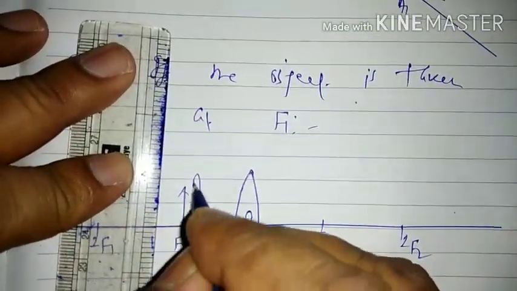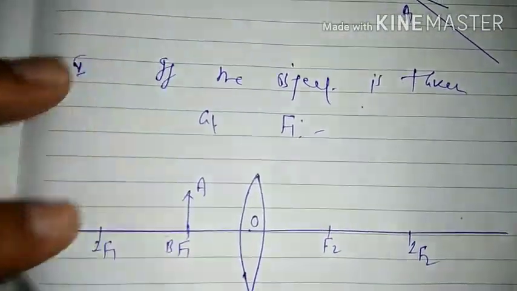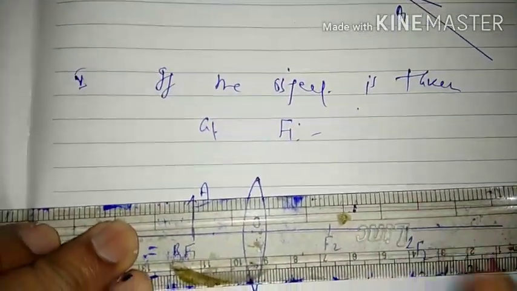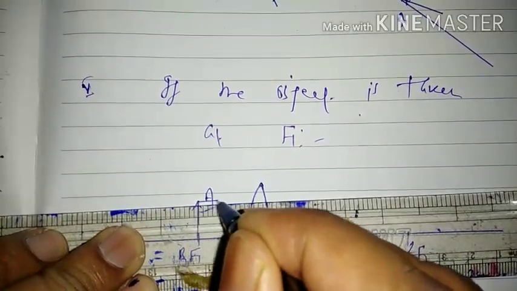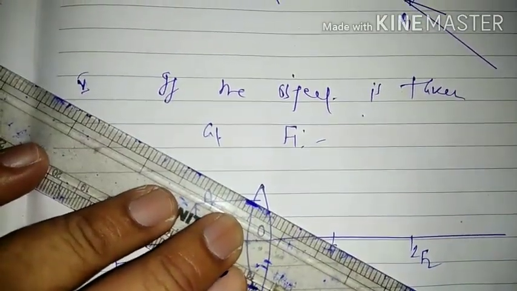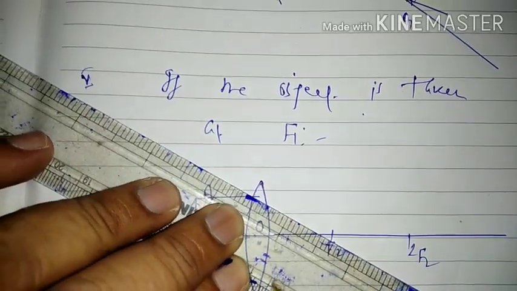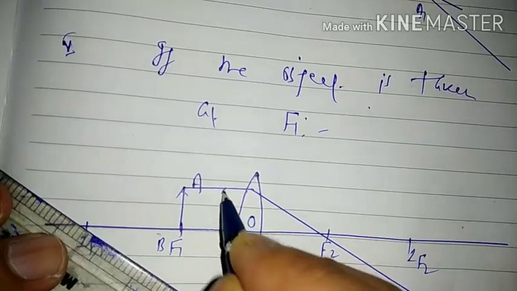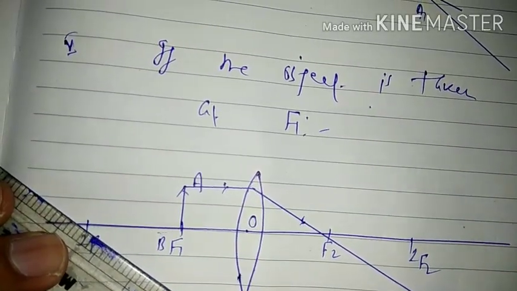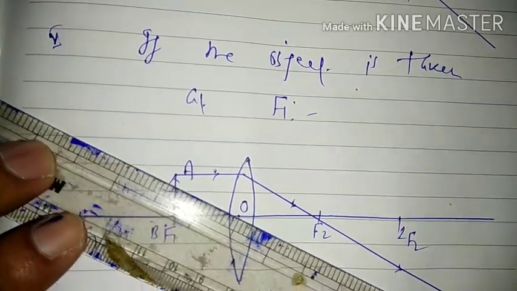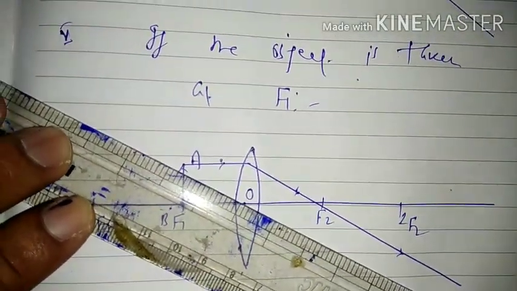Suppose this is object AB. Once again, we take one ray parallel to the principal axis. After refraction, this ray passes through focus f2. This is the incident ray and this is the refracted ray. Another ray is taken through the optical center.